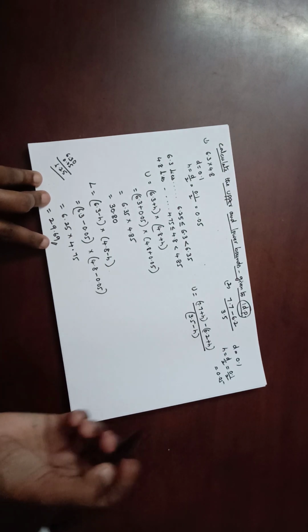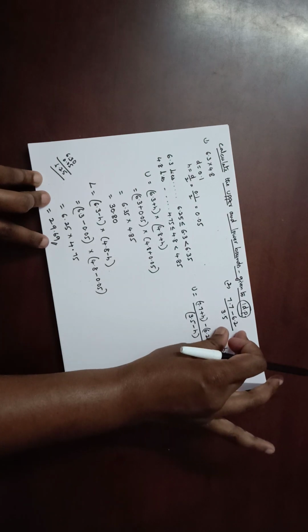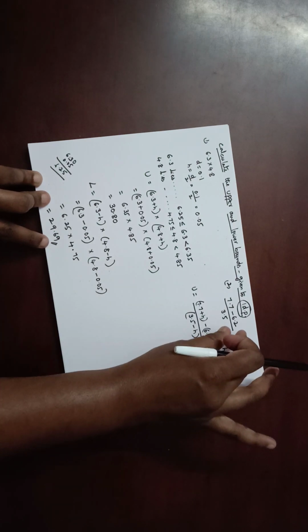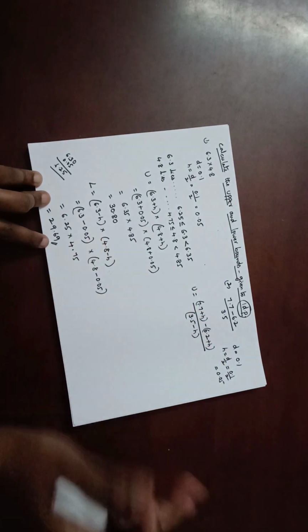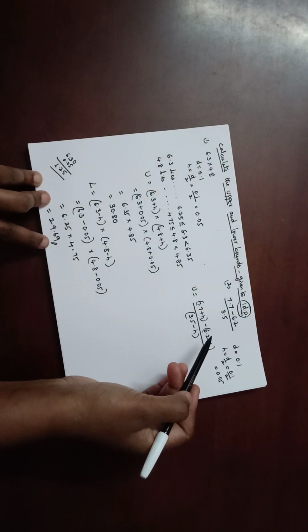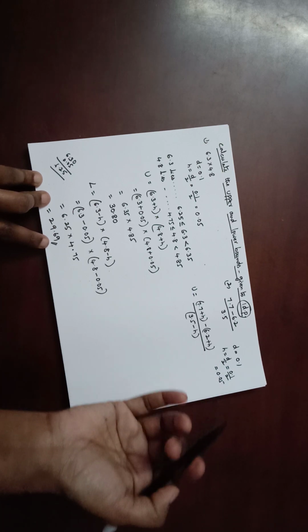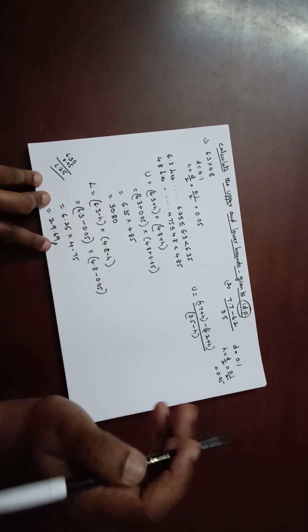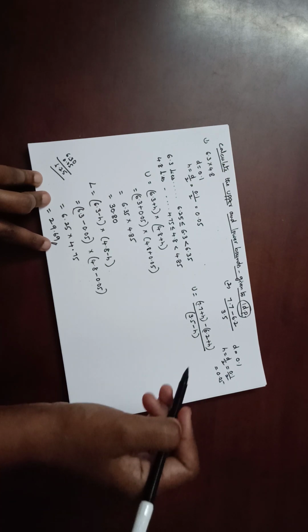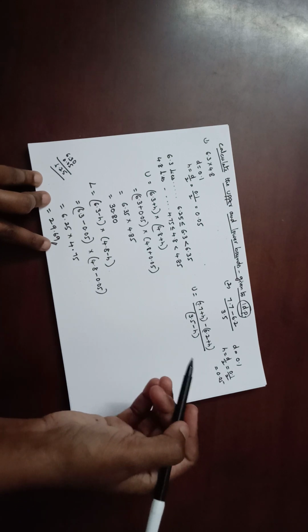Why did you take minus h, madam? Already I said in the previous class, this is a fraction. In the case of fractions, to get an upper bound, for the numerator we are adding, for the denominator we are subtracting, because if the denominator is decreasing, the whole value of the fraction will be increased.